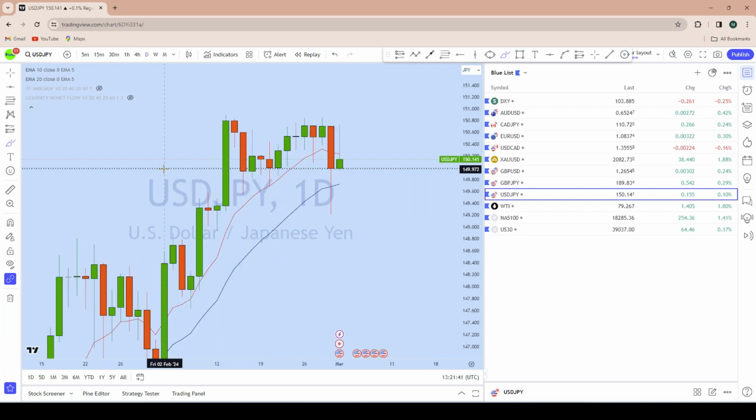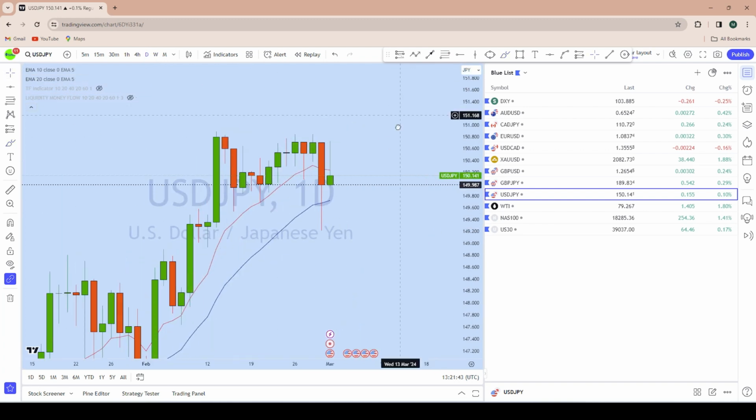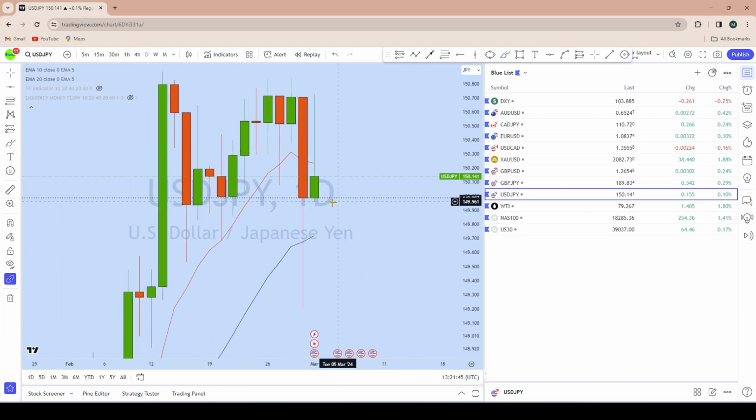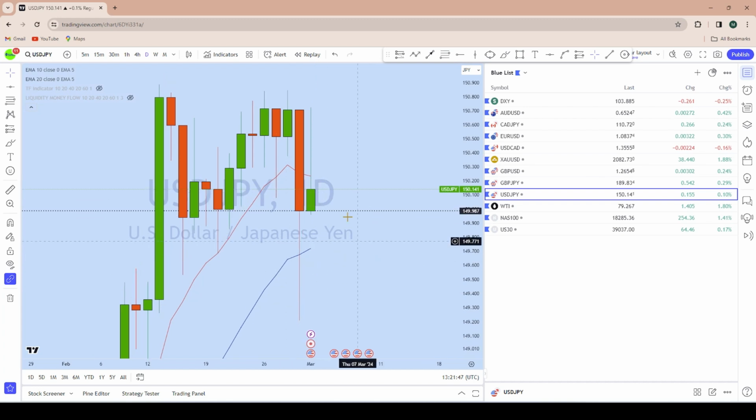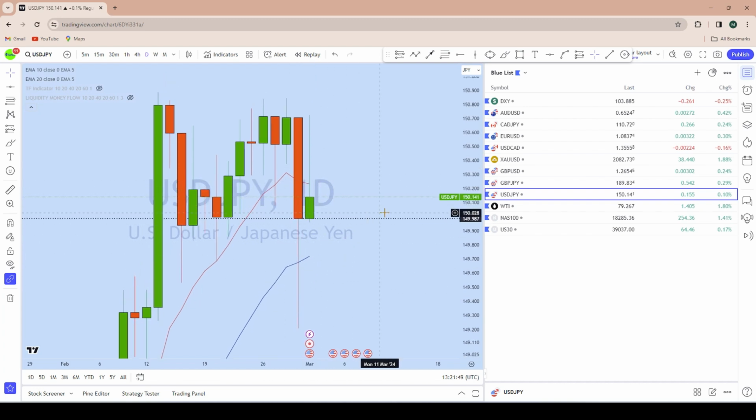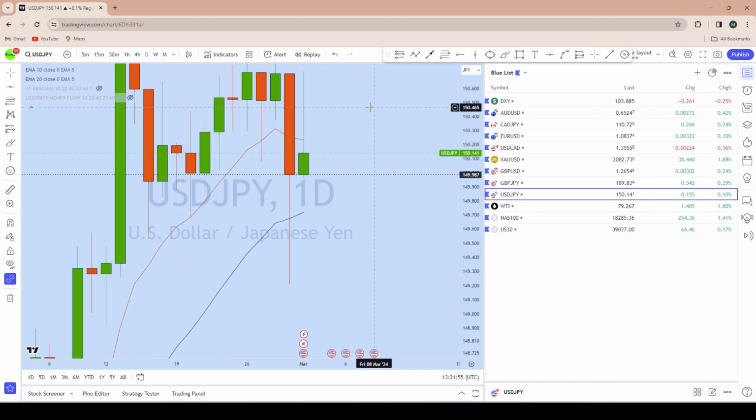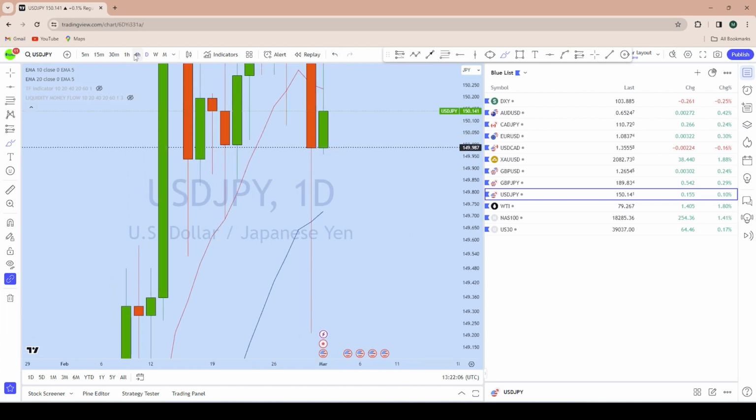Now looking at the daily chart on dollar yen, we can see that as expected with this rejection from this level, as yen news is coming next week, the price will try to fill that long wick at the top on the daily. Before filling that long wick, I think the price might even retest this daily support and then bounce back to the upside to fill that long wick.